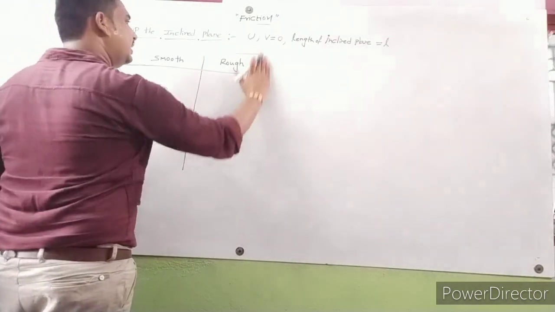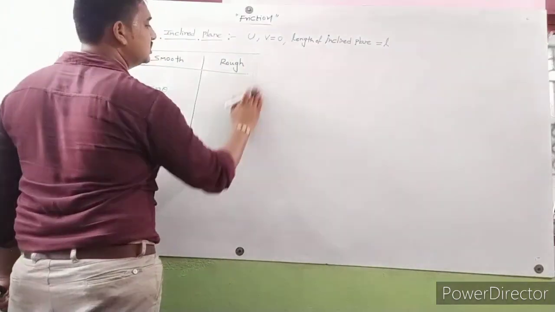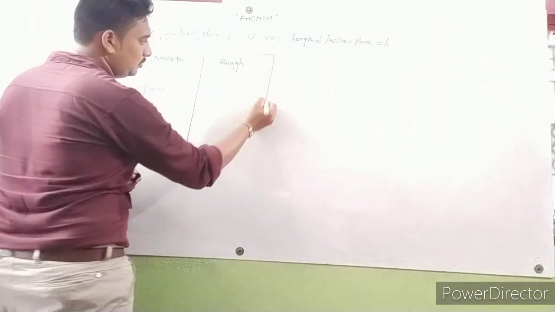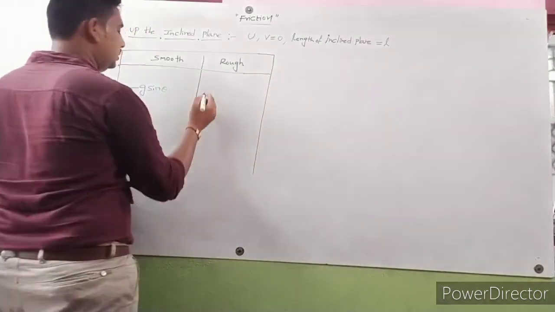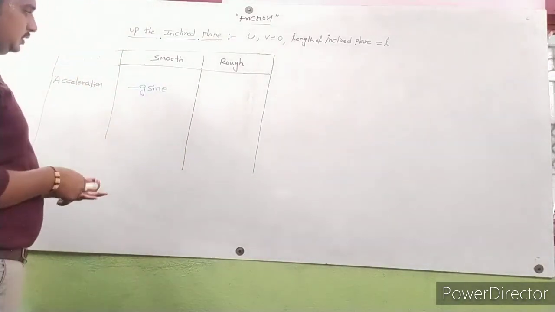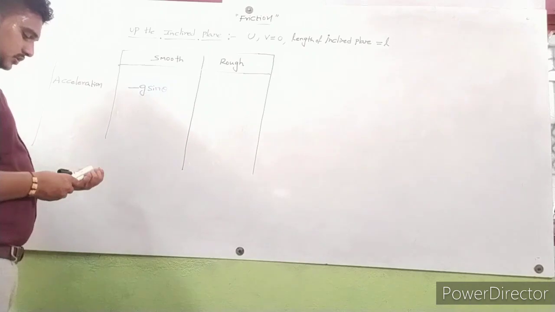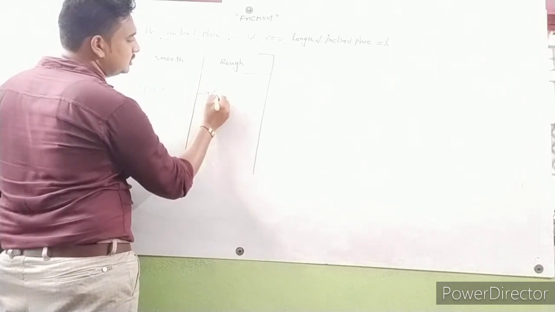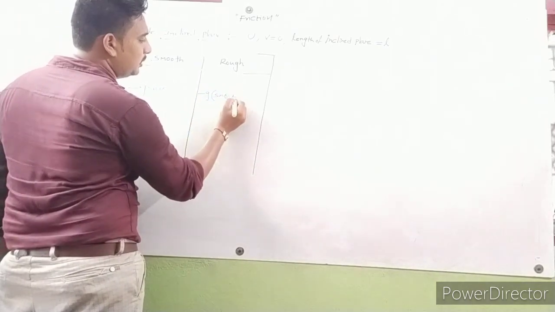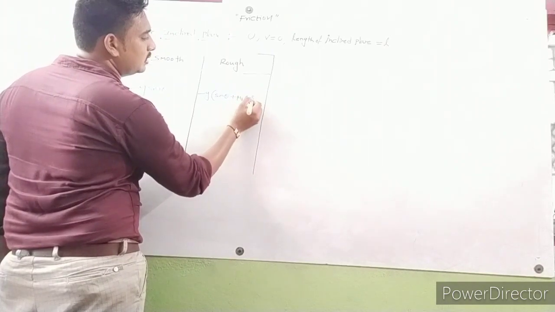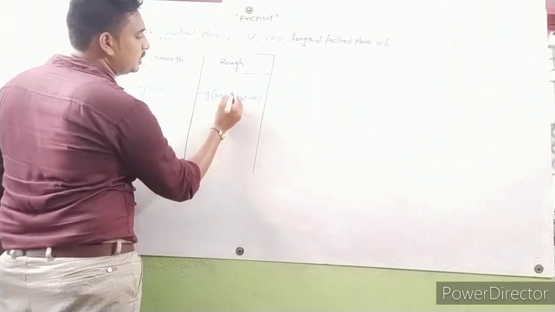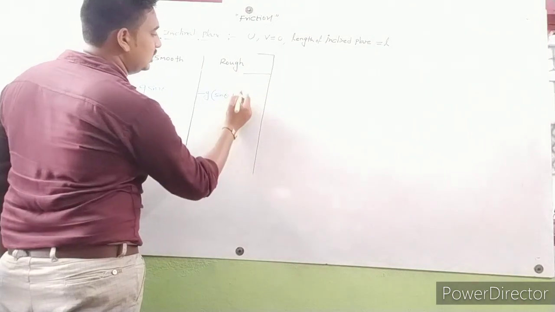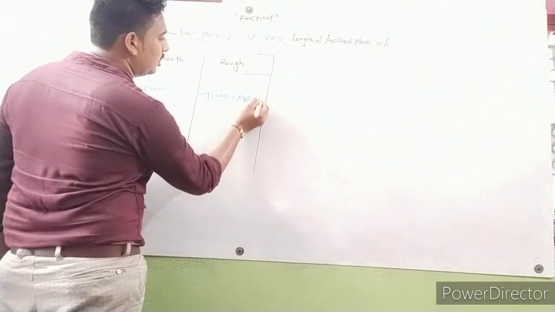For the rough inclined plane, we need more brackets here: a is equal to minus g into (sin theta plus mu k cos theta).